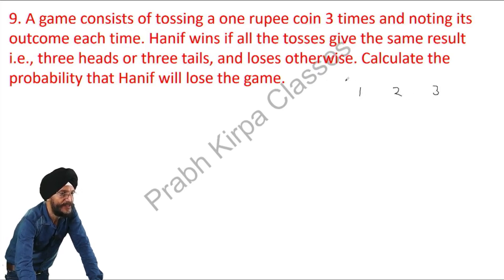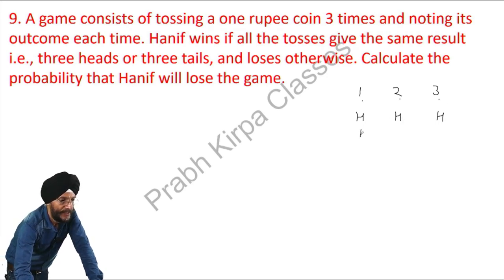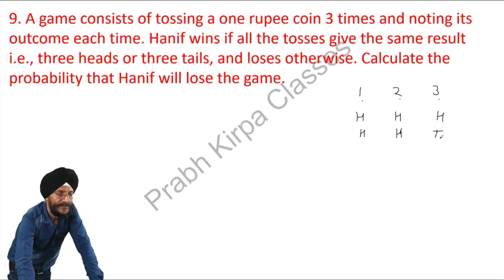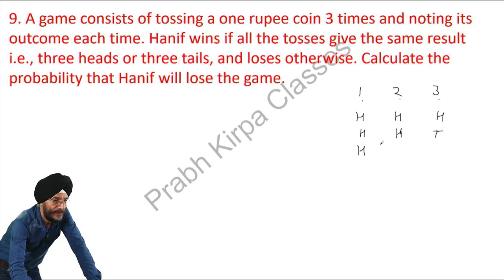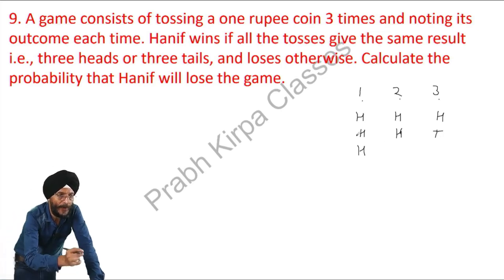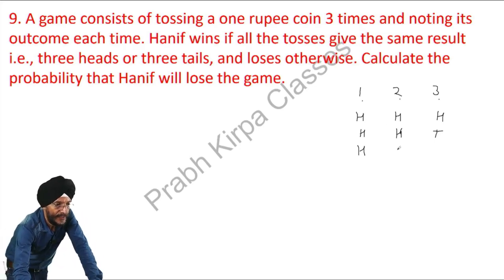So suppose there is a 1 rupee coin and it is tossed 3 times. This is the first time, this is the second time, this is the third time. So what are the possible outcomes? It may be possible that on all the 3 occasions he may get head. Then it is possible that on 2 occasions he gets head and tail in the third. Then there may be head, tail, head.